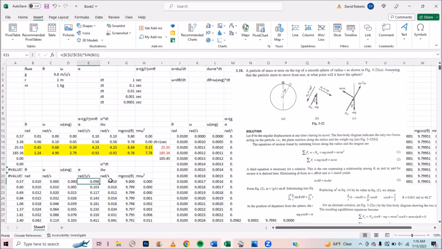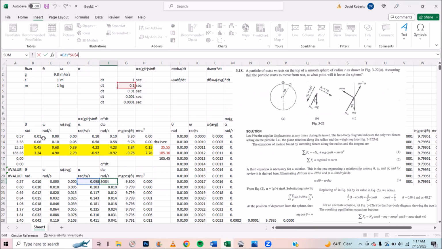So for this one, our change in angular velocity is going to be this A times change in time. And guess what our change in time is on this one? Well, now we're using a smaller change in time, 0.01.